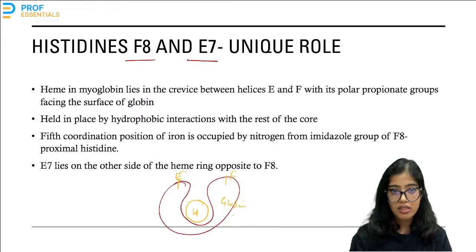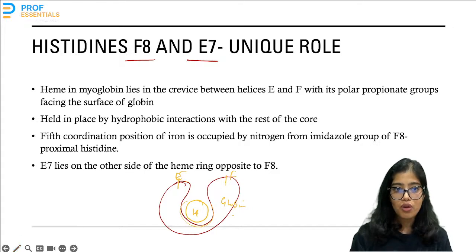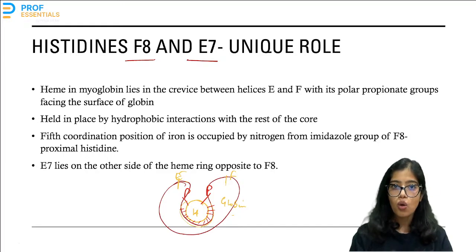Now this crevice here is non-polar and this surface is polar. So the polar propionyl groups of heme, remember we read MV, MV, PP, M, will be facing the surface of globin, and the rest of the heme will have hydrophobic interactions with the core of globin, through non-polar interactions.